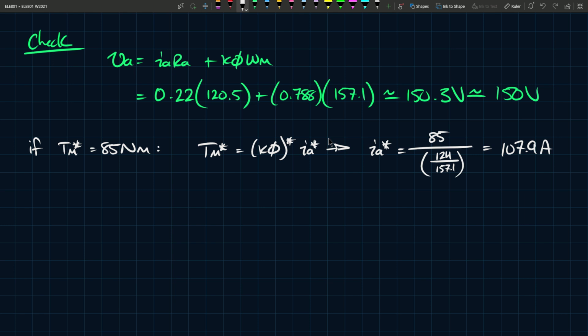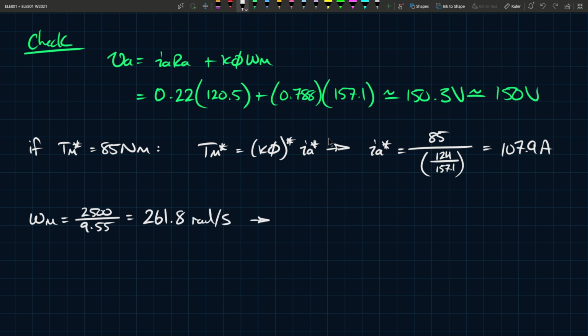And so now the question is, what is happening on the other side of the machine? So you have a torque condition, and then you have the speed condition. The speed condition requires that omega M is equal to 2500 divided by 9.55, because we do everything in radians per second. So this is 261.8 radians per second.